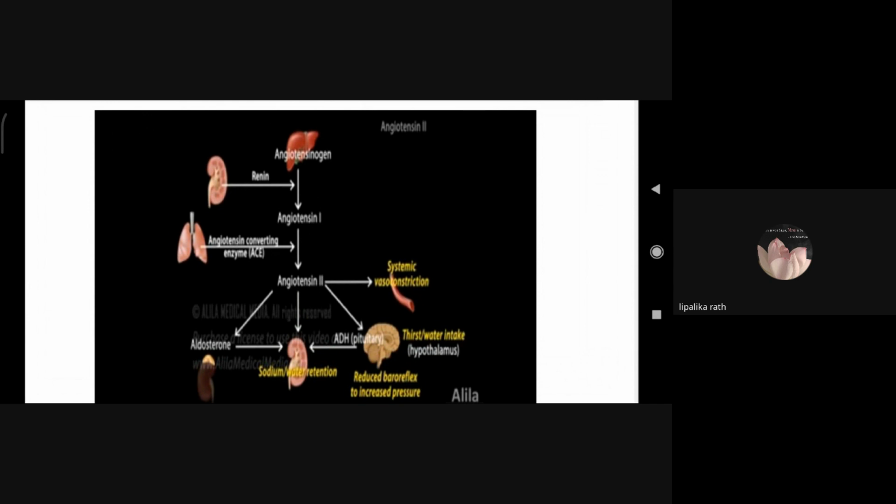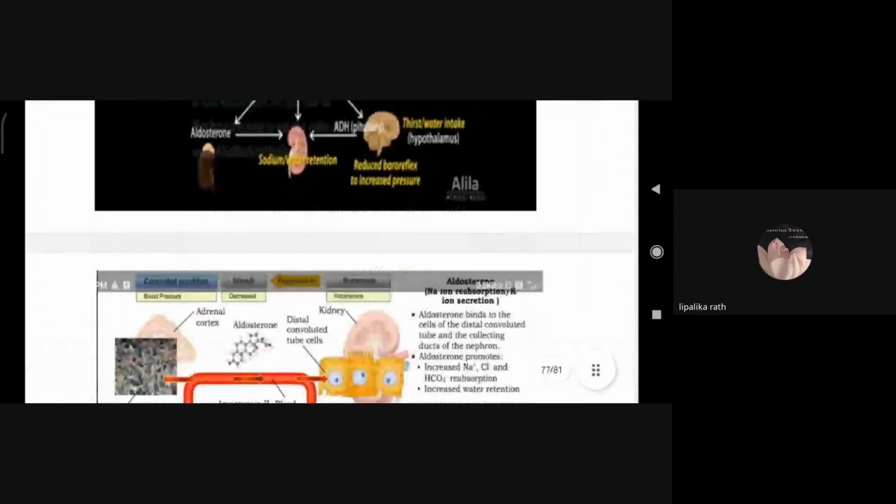The sodium will be kept in the body. So when sodium is increasing in our blood, it will increase the volume of blood. So it will increase the pressure of blood.